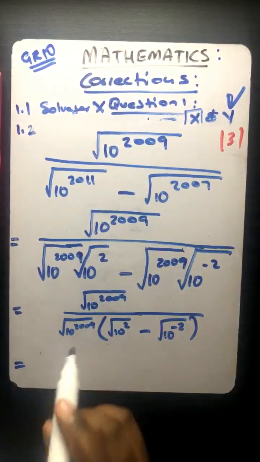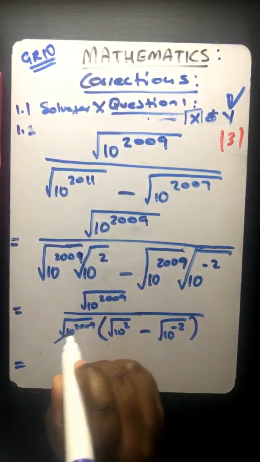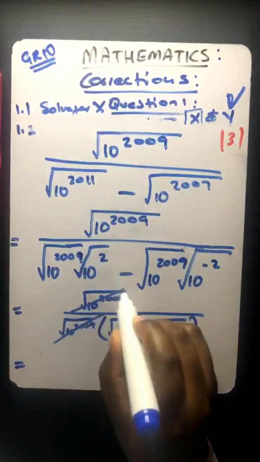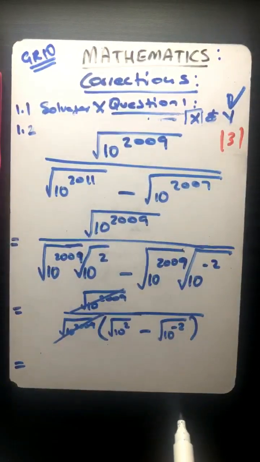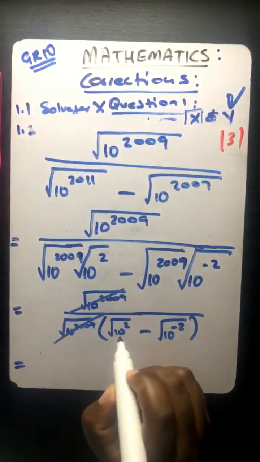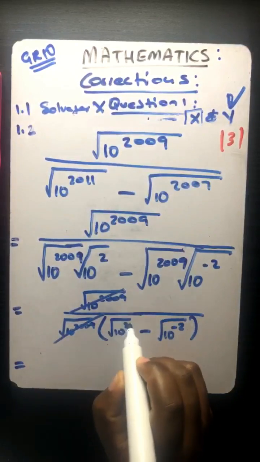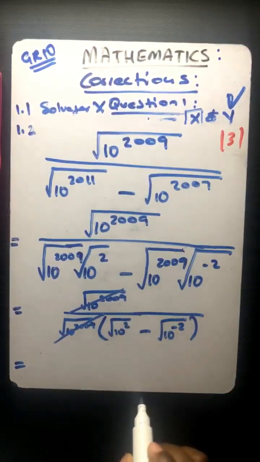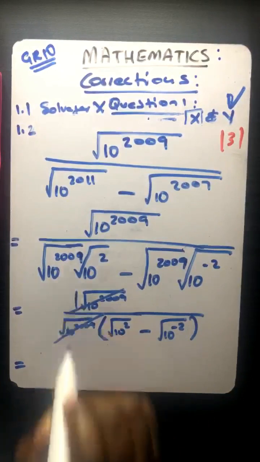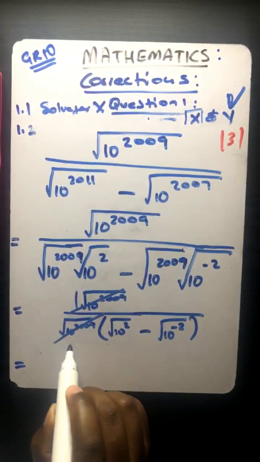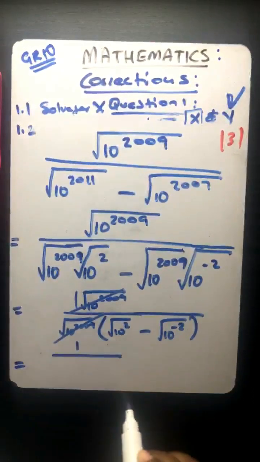Hey, before I forget, can you guys see that this thing is exactly the same as that. That is why I'm going to cancel that. And I'm not sure if you guys remember that when you have a square root and then you have a squared, it removes the square root. So you have an invisible 1 there, which is why you're going to say you have 1 over.